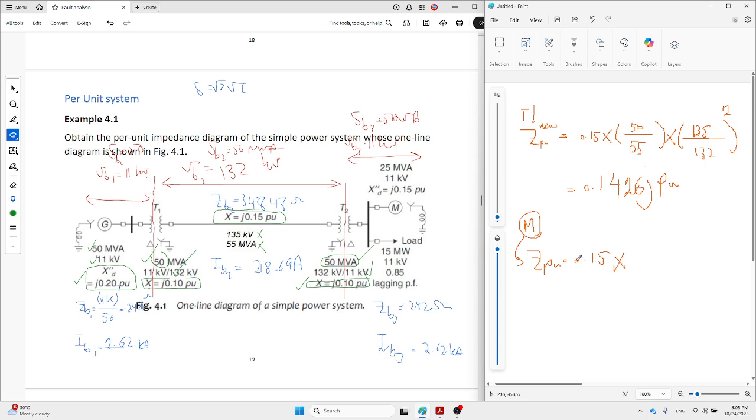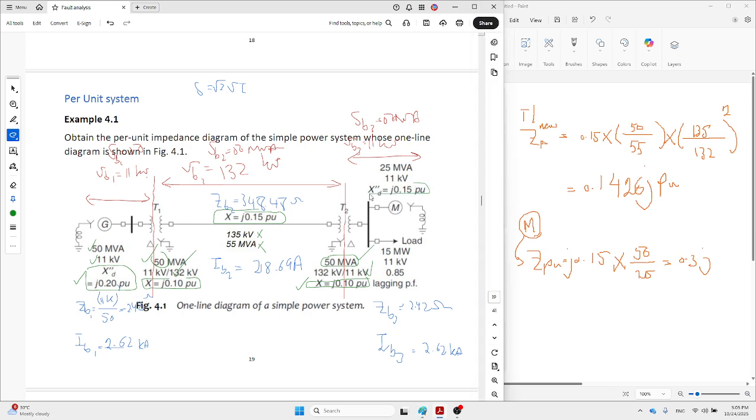So 0.15 J, S base new, which is 50 over 25. So the final answer is 0.3 J. So this value is rectified here.